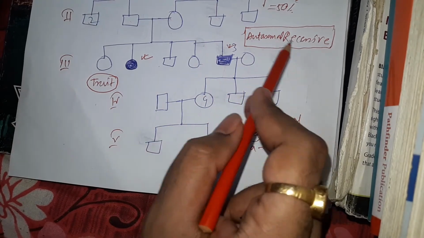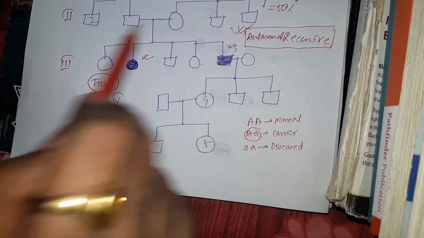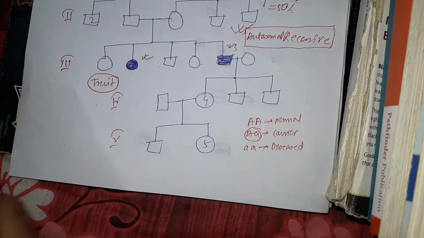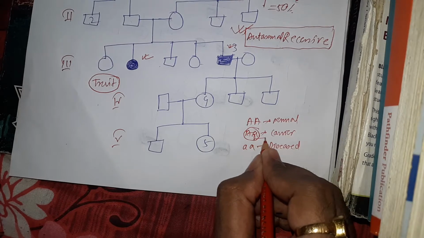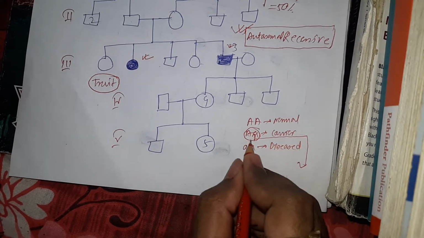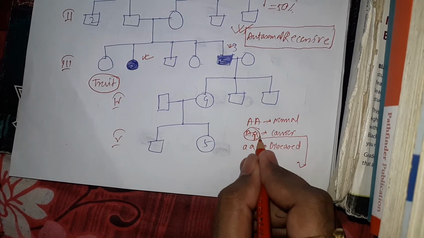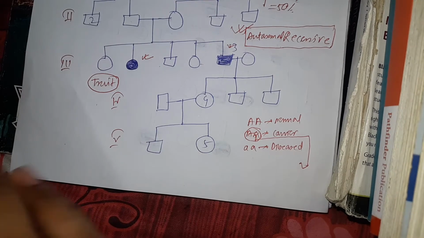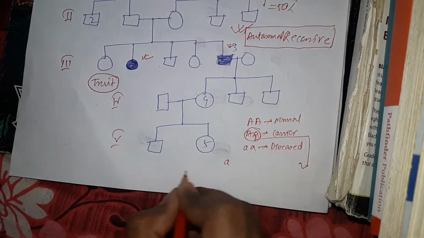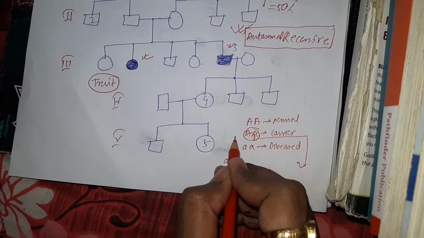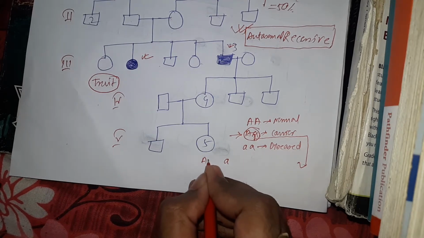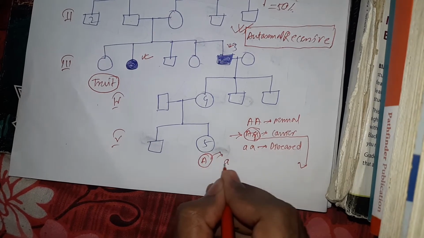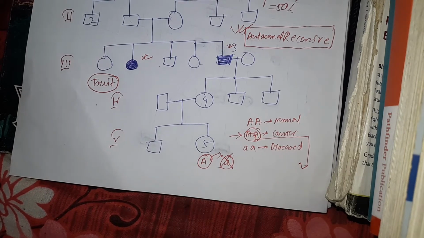As we have concluded that it is a recessive trait, the genotypic change is simply due to the presence of the small a. The individual becomes diseased due to the presence of small a, but it still has capital A. If you have basic knowledge of Mendelian genetics, you can easily conclude that capital A has the ability to mask the expression of small a.